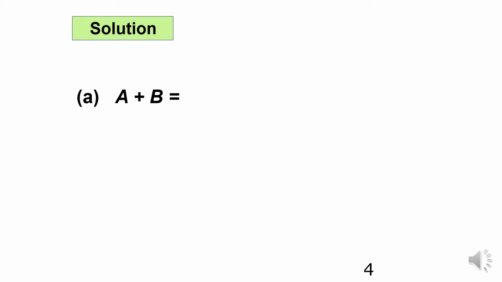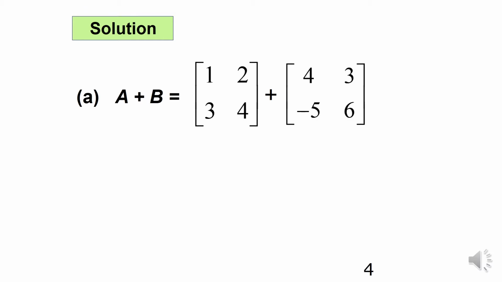So we write down the elements of matrix A, which are 1, 2, 3, 4, plus the elements of matrix B, 4, 3, negative 5, 6. For the addition of two matrices, we need to add the same elements.